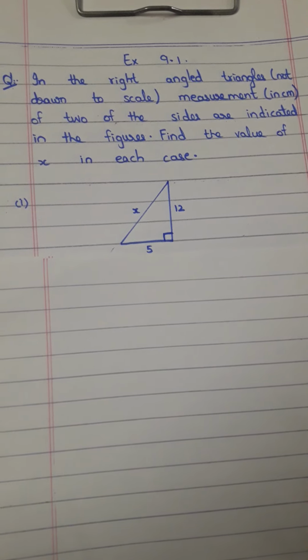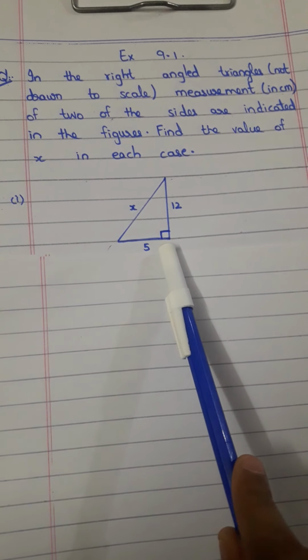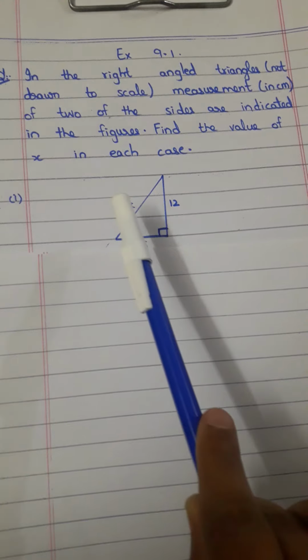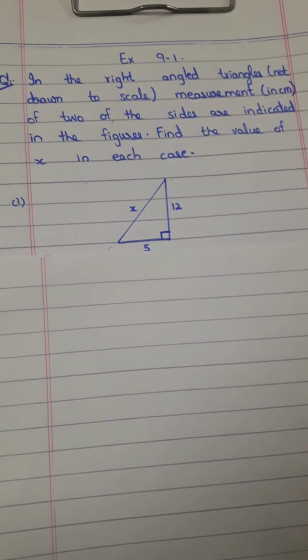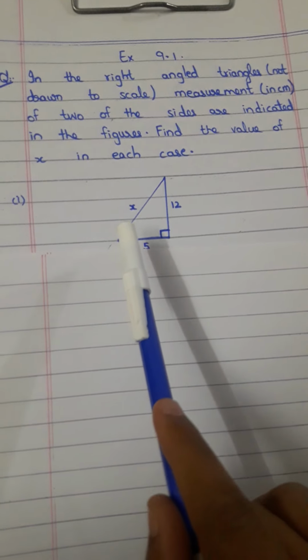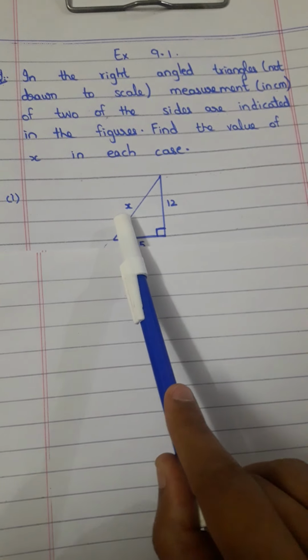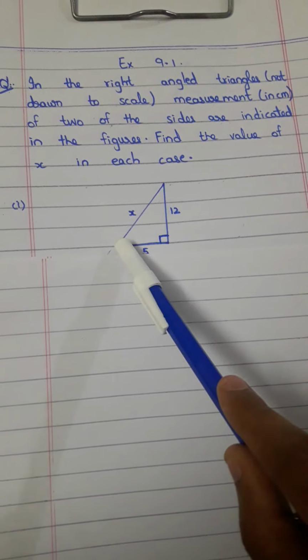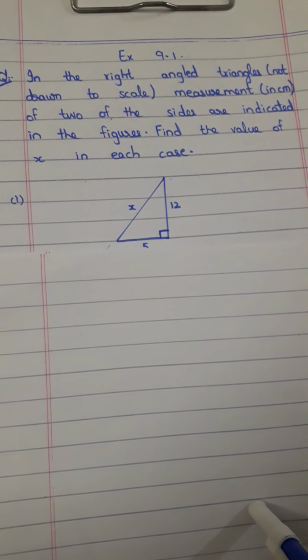This is a triangle and a right triangle having one angle equal to 90 degree. Now you have to find the one side which is not given to you, and according to your given figure, the right side, the side which you have to find as x, this is your height according to your figure.